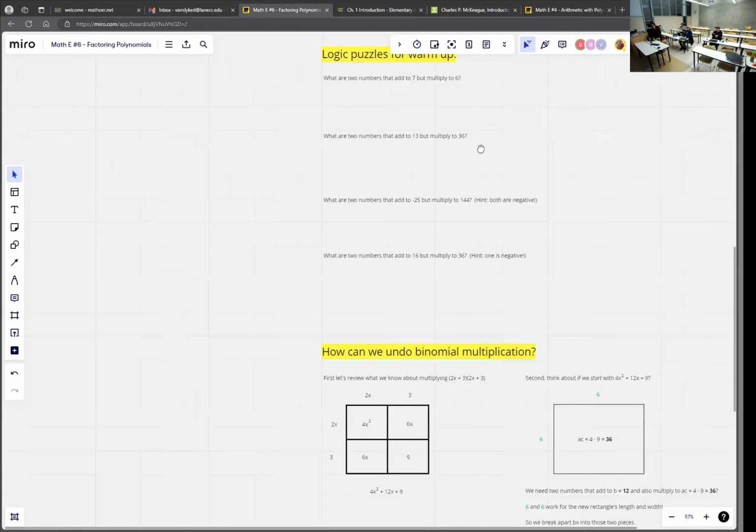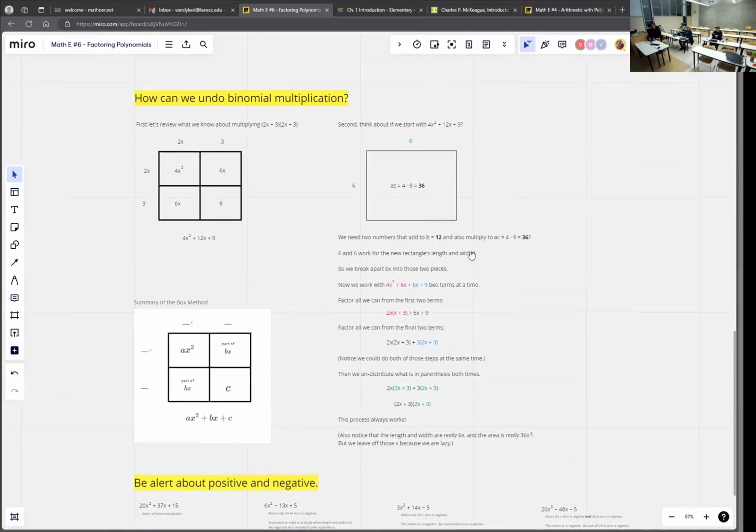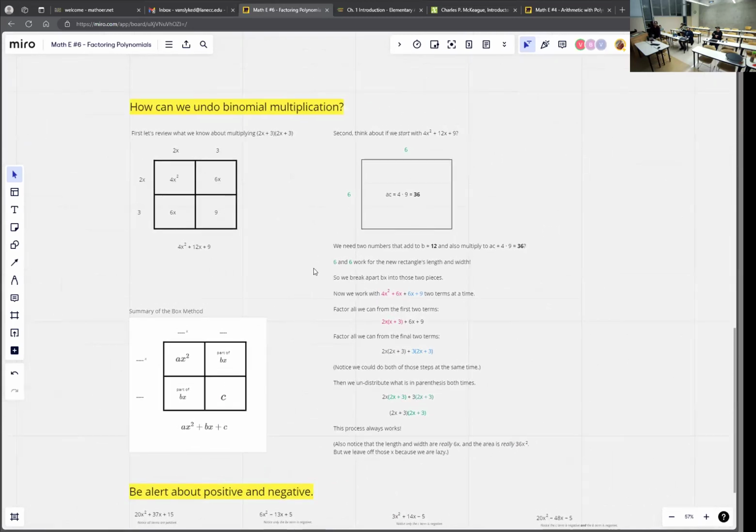So the last step will be, how do we undo this? I'm going to use the boxes because visual will probably help. FOIL was everyone's favorite for doing the multiplying, but it was sort of a shortcut. And a shortcut isn't the most useful thing for looking at how all the pieces fit together.